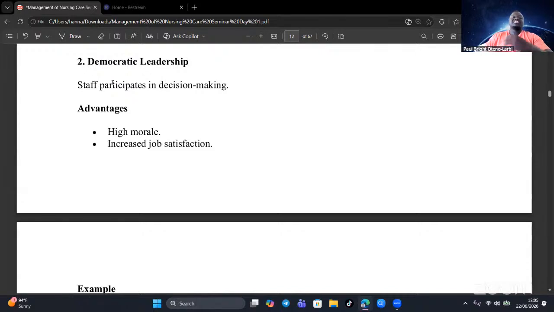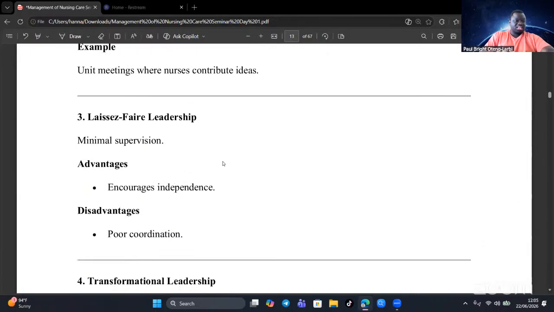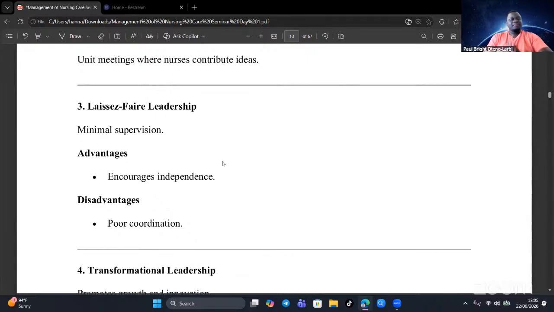Staff participate in decision making. I don't want to make decisions for you alone; bring your mind, let's reason together. Some will be laissez-faire, with minimal supervision, encouraging independence. Everybody does whatever they like. Poor coordination is the disadvantage of laissez-faire.